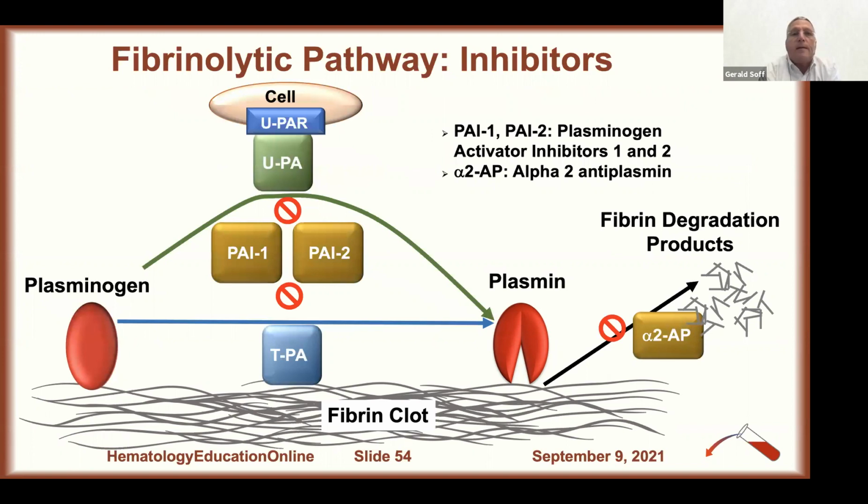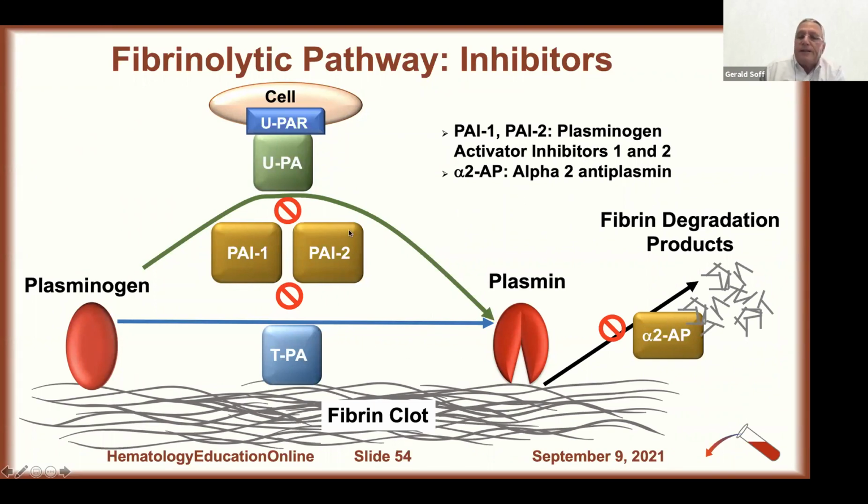And for every inducer, every activator, there are always inhibitors, just like we talked about for the heparan antithrombin and the protein C, protein S, thrombomodulin system. So just as plasminogen has the ability to get converted to plasmin, there are two inhibitors of plasminogen activators, PAI-1 and PAI-2, plasminogen activator inhibitor 1 and plasminogen activator inhibitor 2, shown here. And then there's a plasmin inhibitor, alpha-2 antiplasmin.